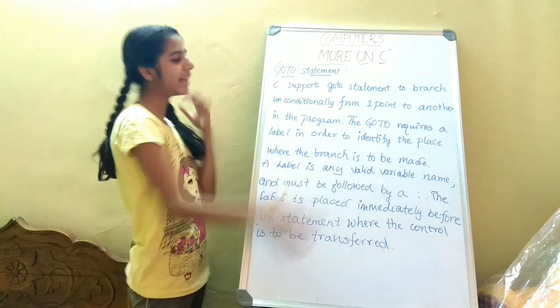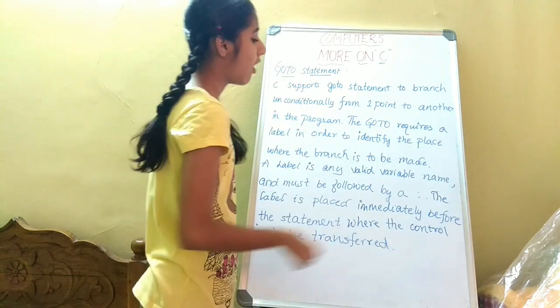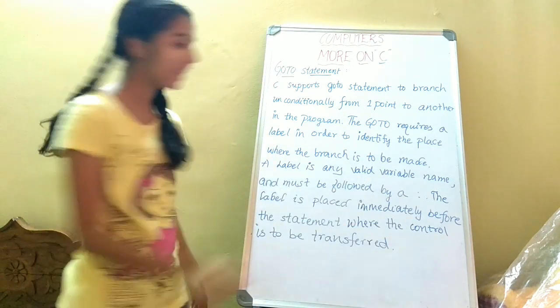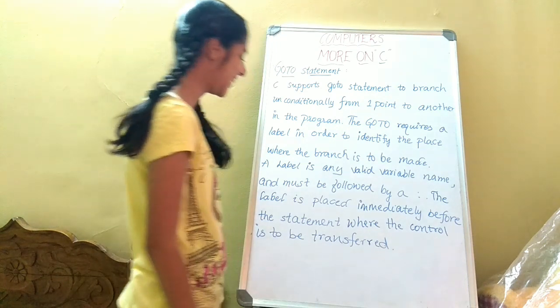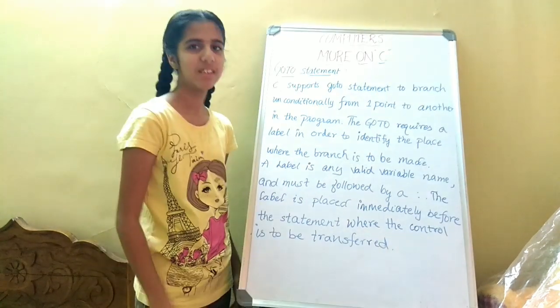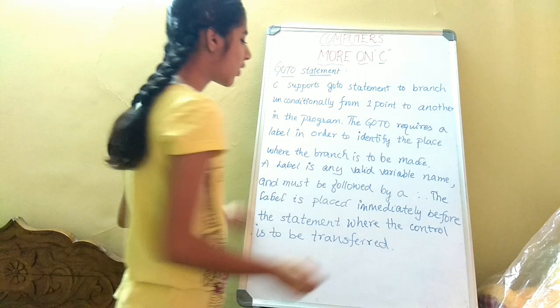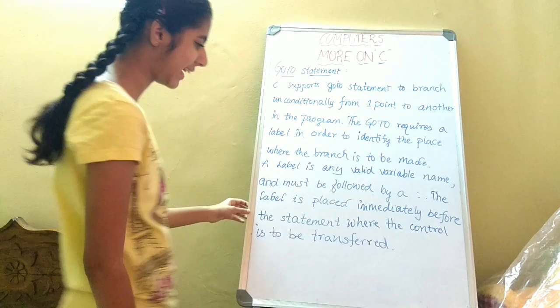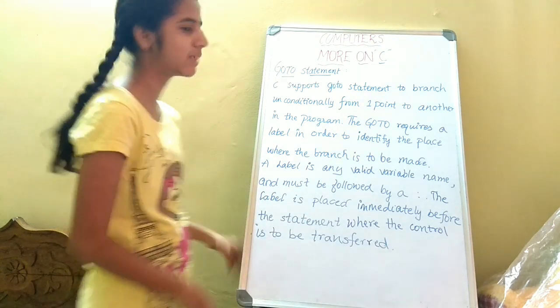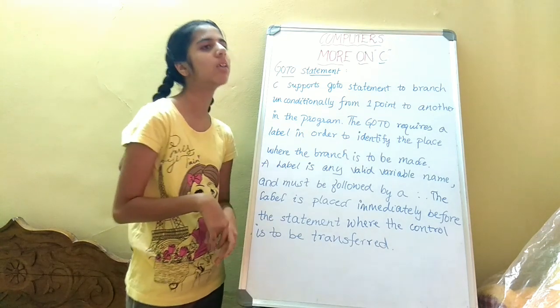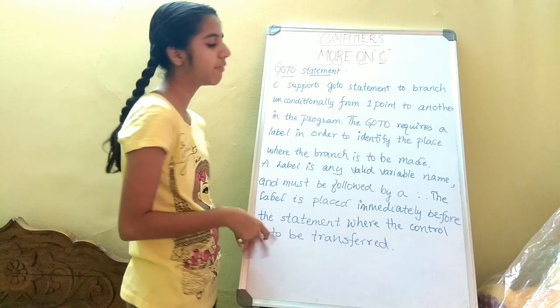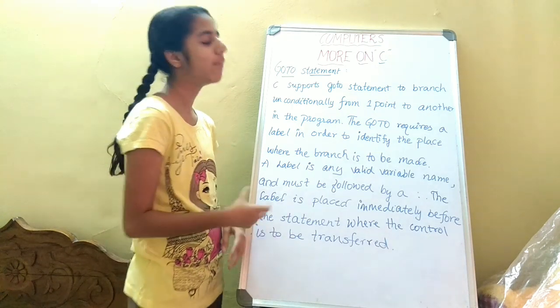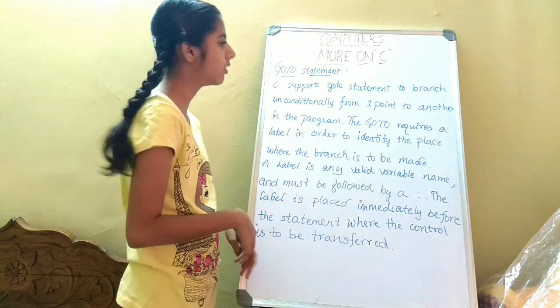So if we write a label, we should always follow it with a colon. The label is placed immediately before the statement where the control is to be transferred. So if you want to transfer control, it will identify the label and transfer to it.